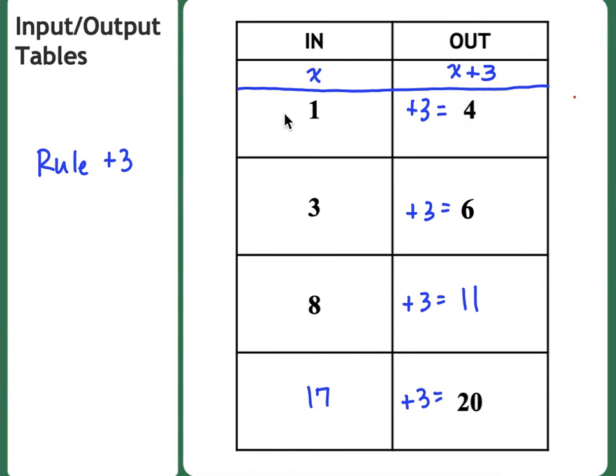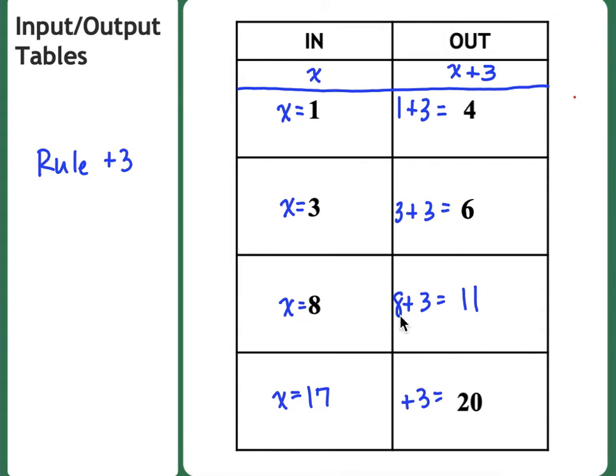So this is saying for the in, we're going to have x is equal to 1, x is equal to 3, x is equal to 8, and x is equal to 17. And when x is equal to 1, we're going to substitute in 1 for x, and 1 plus 3 is 4. And for x is equal to 3, we're going to substitute in 3 for x, and we're going to get 3 plus 3 is 6.